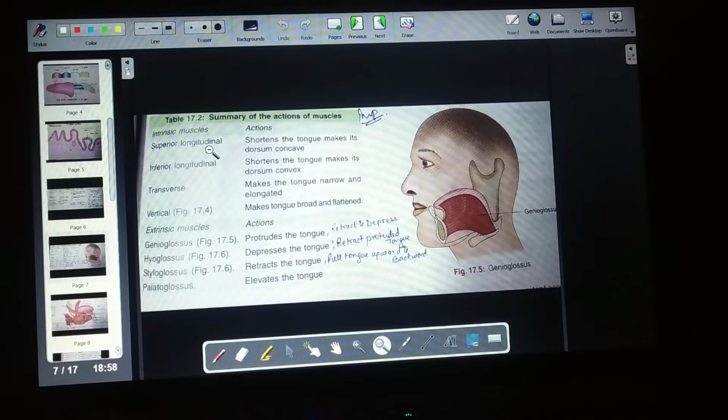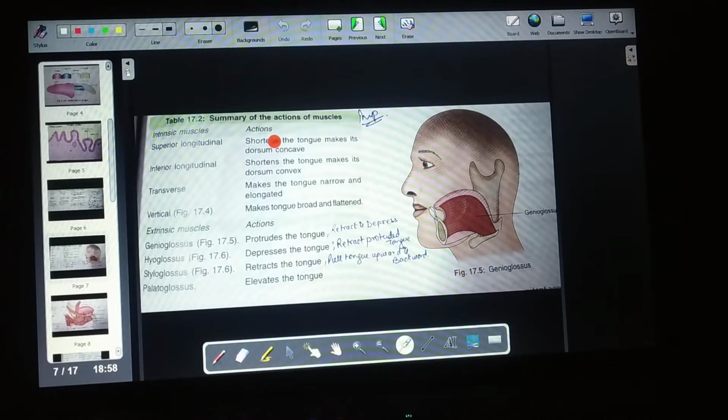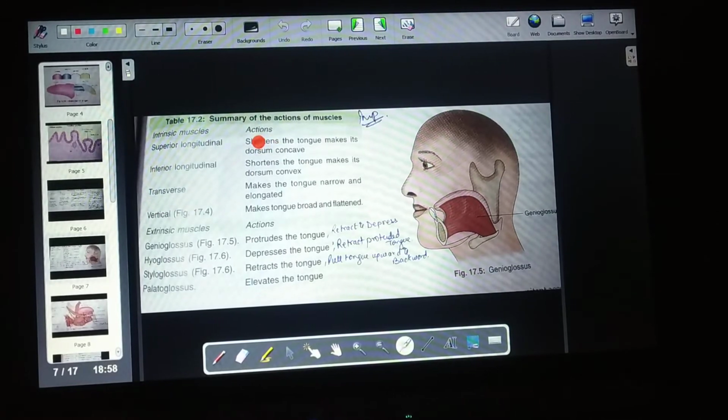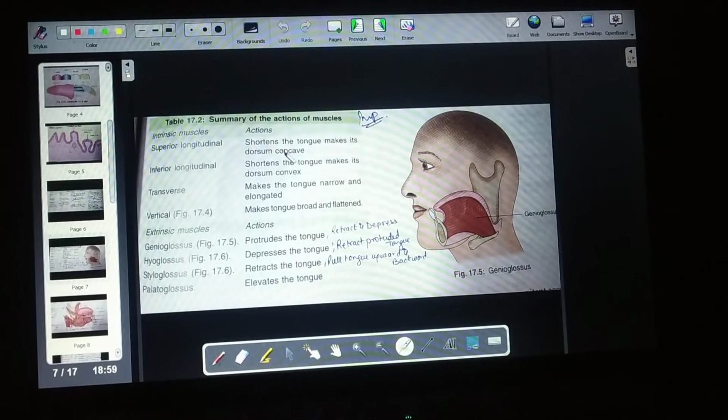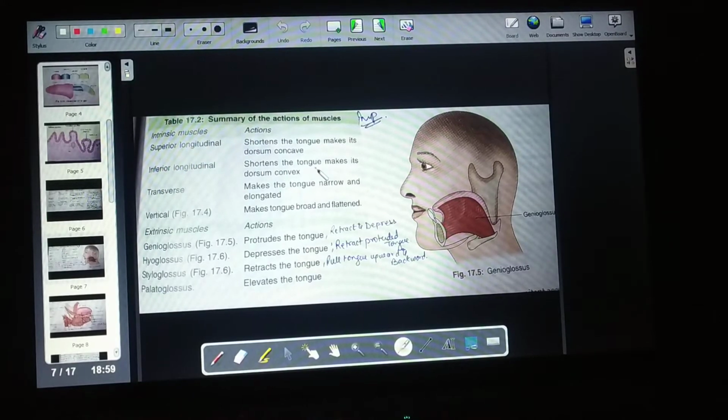Superior longitudinal is the muscle that helps in the shortening of the tongue. So the tongue becomes short, and the dorsum of the tongue becomes concave when the superior longitudinal muscle is used. When I talk about the inferior longitudinal muscle, here the tongue becomes short but convex.